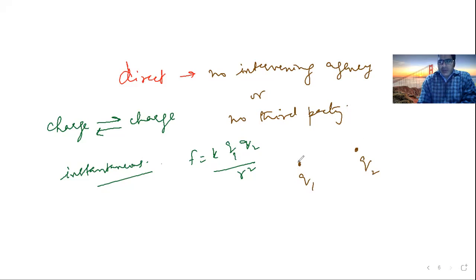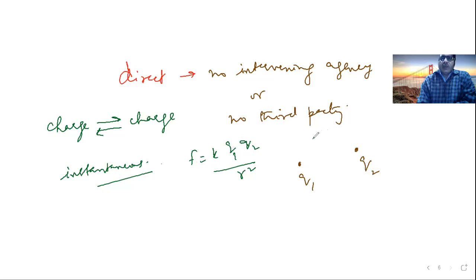I repeat, when I move Q1, at that particular moment Q2 will know that Q1 has moved, irrespective of the distance between Q1 and Q2, right?